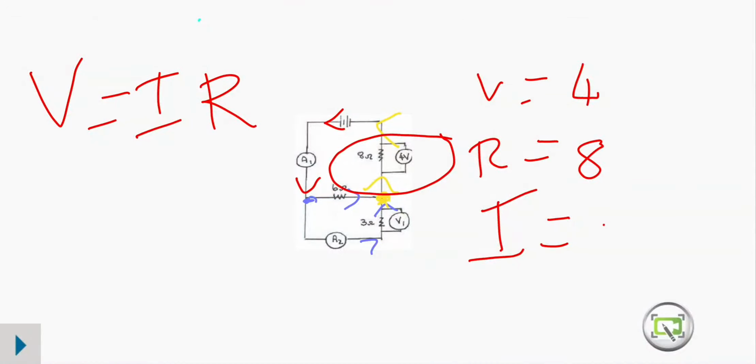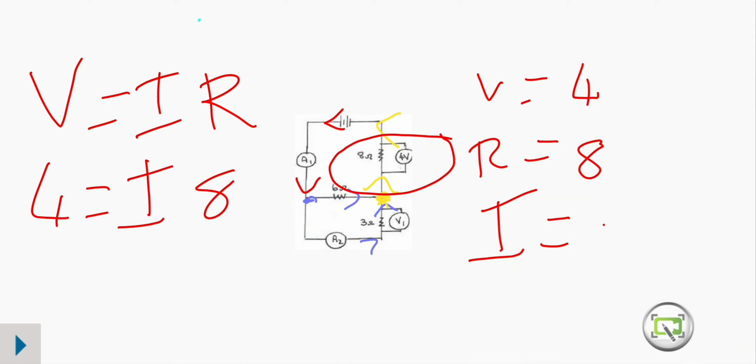Now let's go back to our question. Our question stated that we need to calculate the current moving through the 8 ohm resistor when there's a voltage of 4 volts. So let's substitute 4 for the volts, the I is unknown, and the resistance is 8.